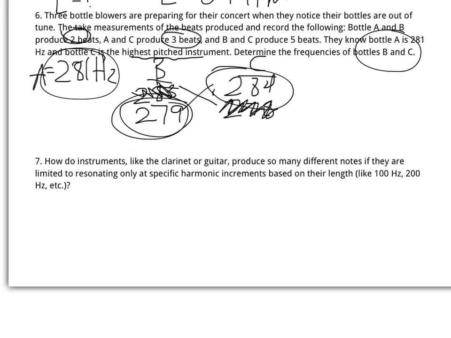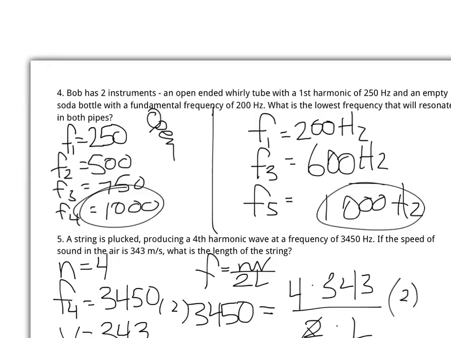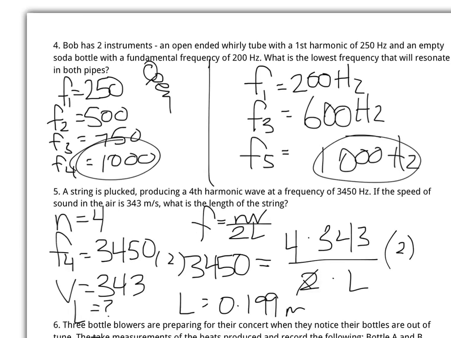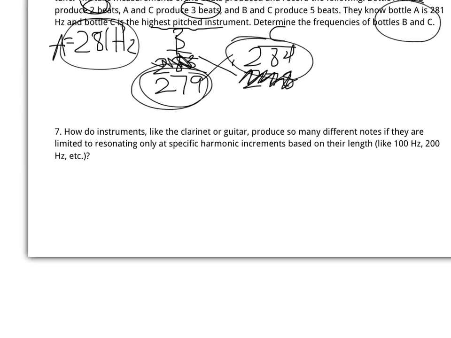Lastly, question 7 asks how it is that instruments can play so many different notes if their resonant harmonic frequencies are based on increments. In other words, we set up here in number 4 that this instrument can play this, or this note as resonant frequencies. But what instruments can do in addition to changing their harmonics or octaves essentially, they can change their length.